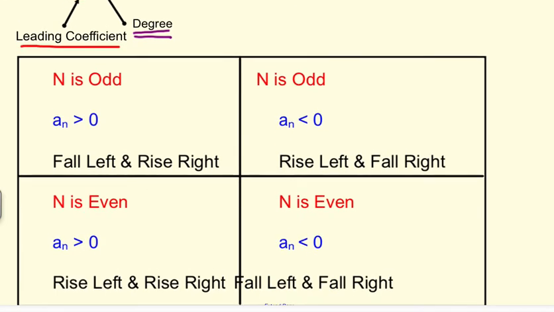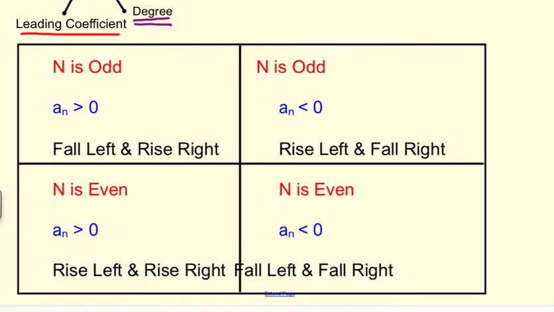So what I've done is I just made this little box here for you. If your degree is odd, that's the top two boxes, and your leading coefficient is greater than 0, or a leading coefficient less than 0.